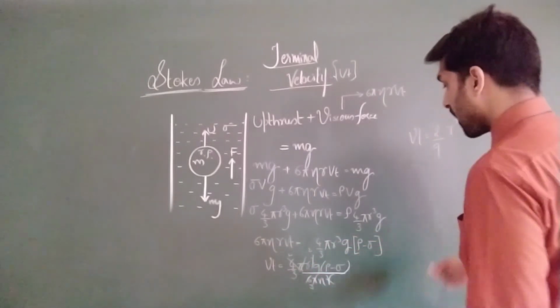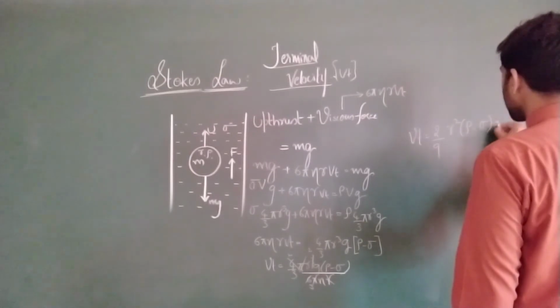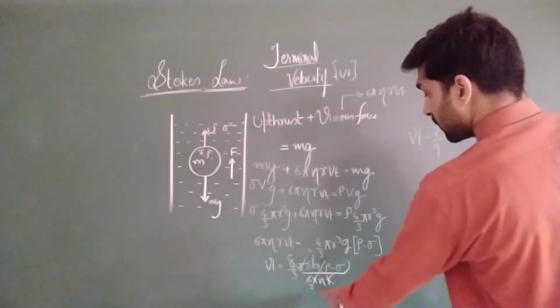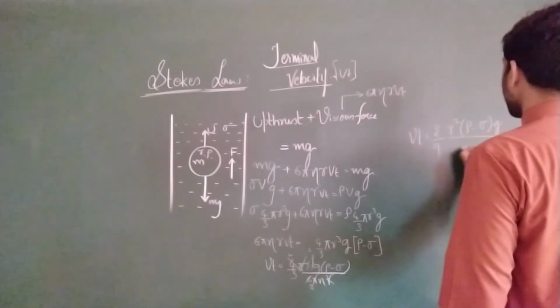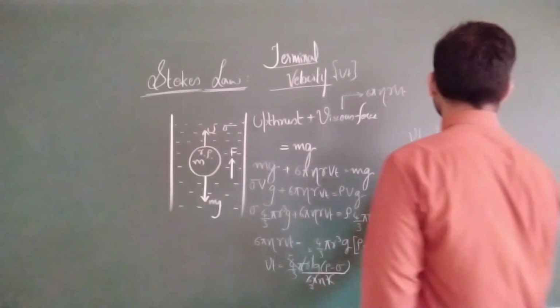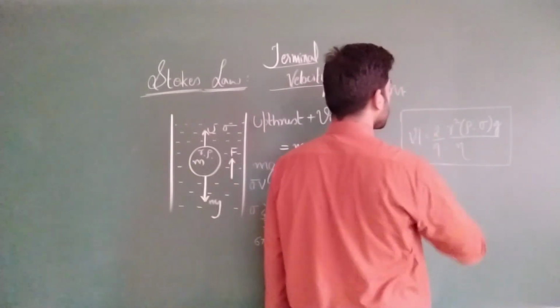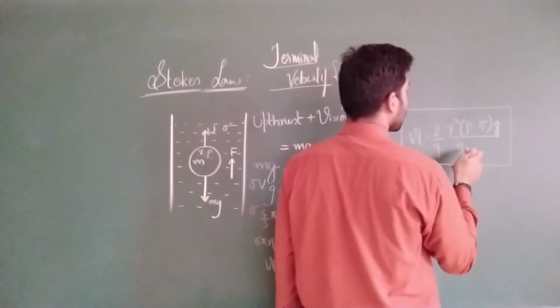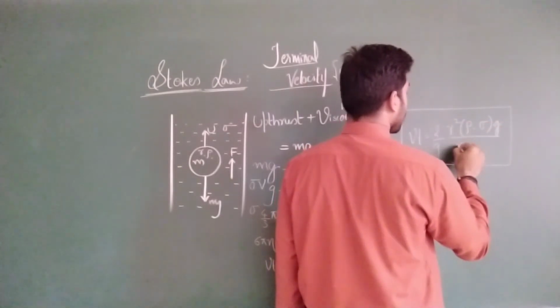Next, here we have G, here we have rho minus sigma. So rho minus sigma into G. In the denominator again eta. So Vt is equal to 2 by 9 r square rho minus sigma into G divided by eta.